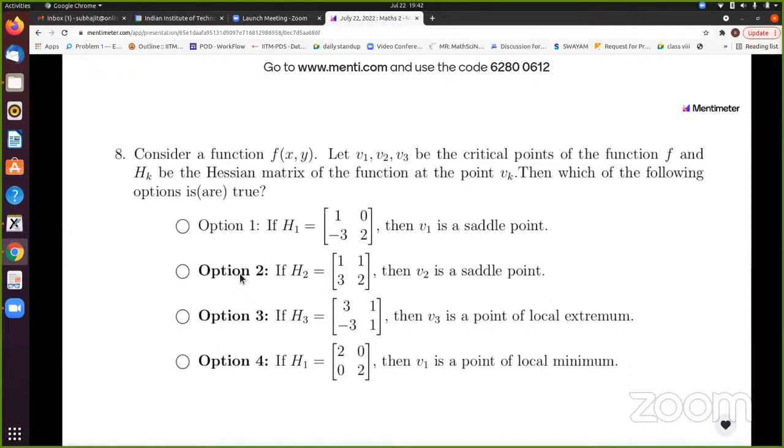Now for H1, what is the determinant? For H1, the determinant is 2. Right. And fxx is basically 1. Right. So it is positive.